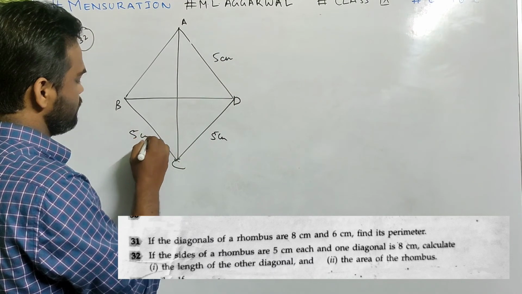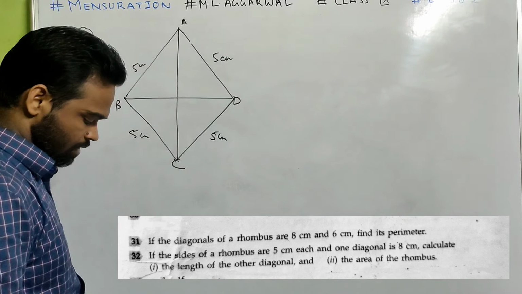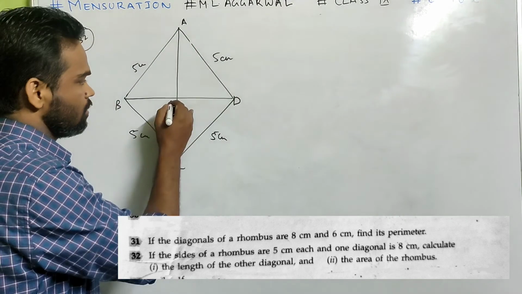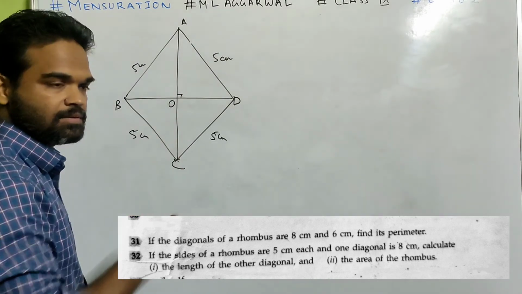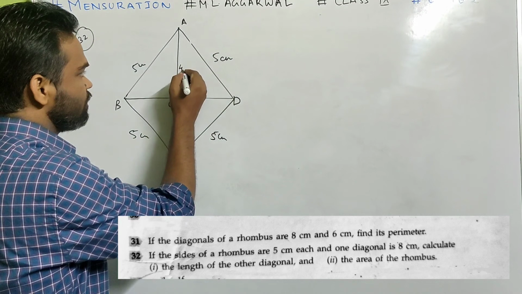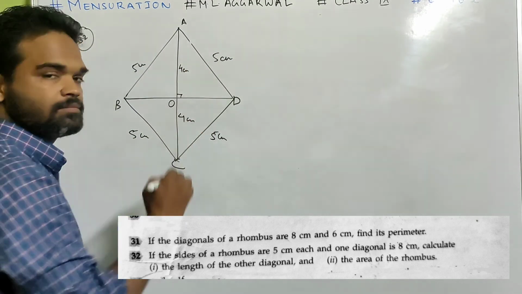So the side we know, and one of the diagonals is 8. Suppose AC is 8. O. This is perpendicular bisector. AC and BD are perpendicular and they bisect each other, which means this is 4 and this is 4.